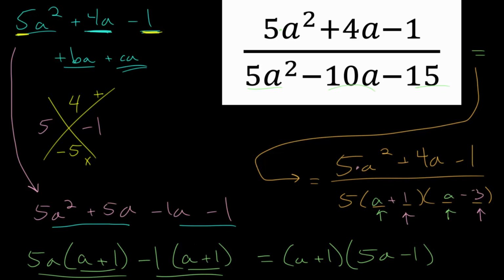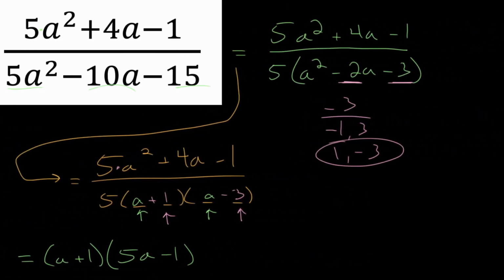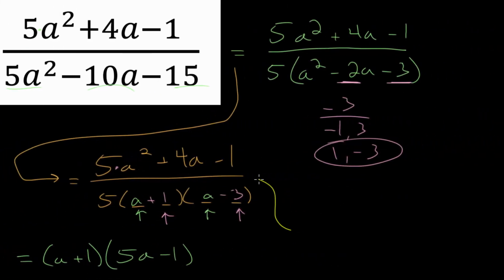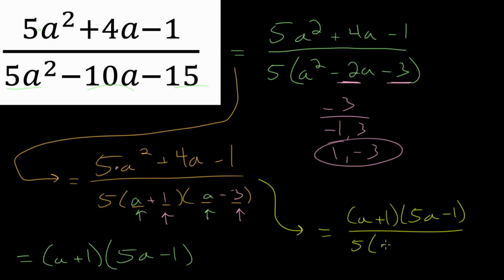So let's write in what we have. We can work down here a little bit. This numerator, we know this is just a +1 multiplied by 5a minus 1, and we're dividing by 5 multiplied by a +1 multiplied by a minus 3.